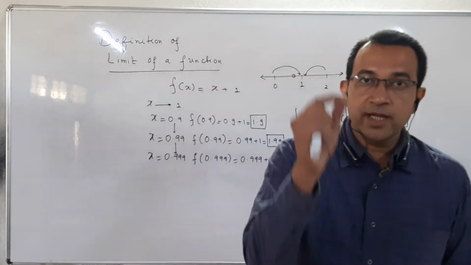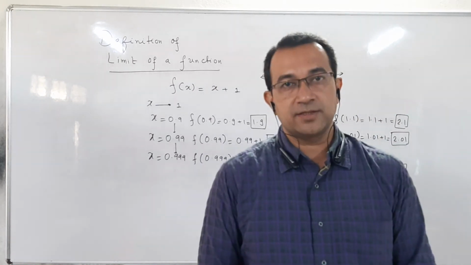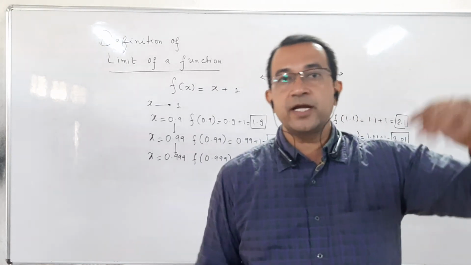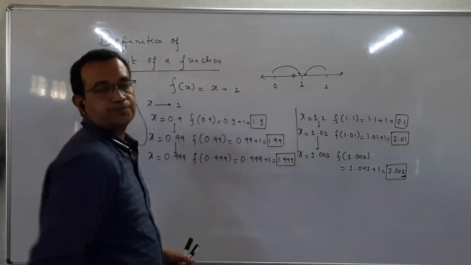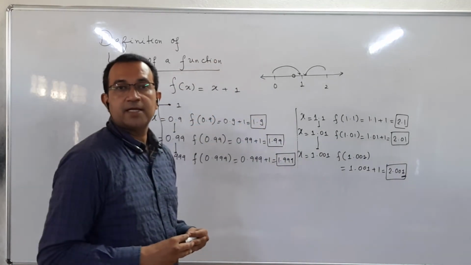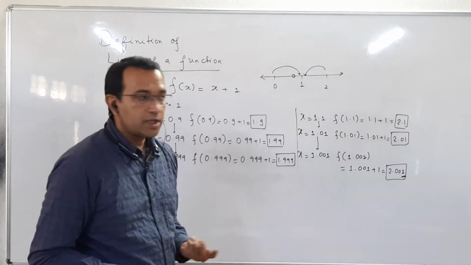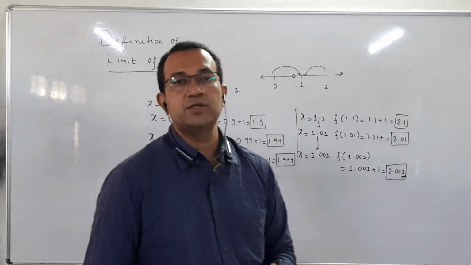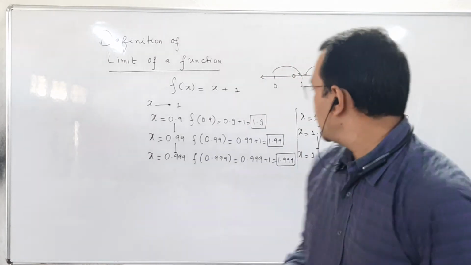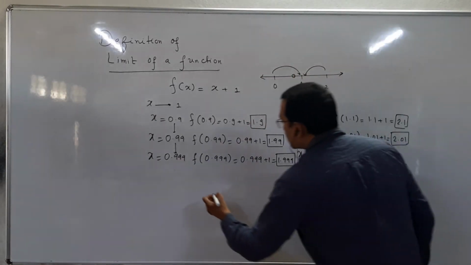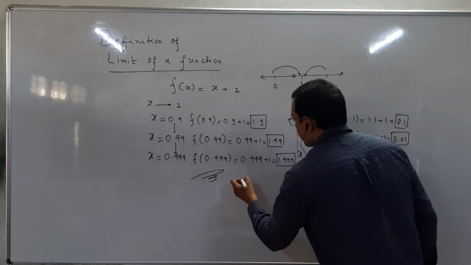So, as x approaches 1, either from the left side or the right side, the functional value approaches 2. 1.999 is also closer to 2, and 2.001 is also closer to 2. So what can I say? What can I conclude, students?